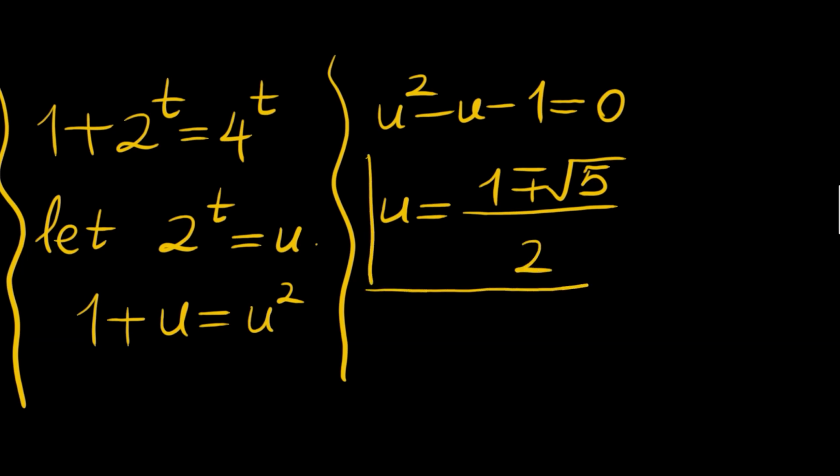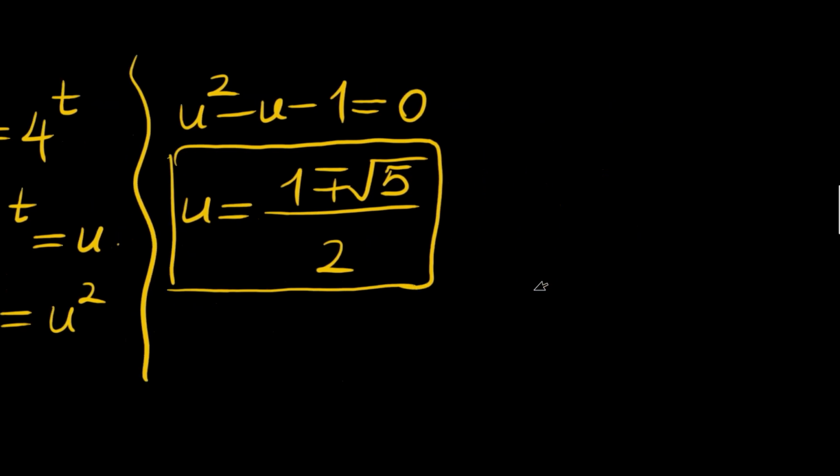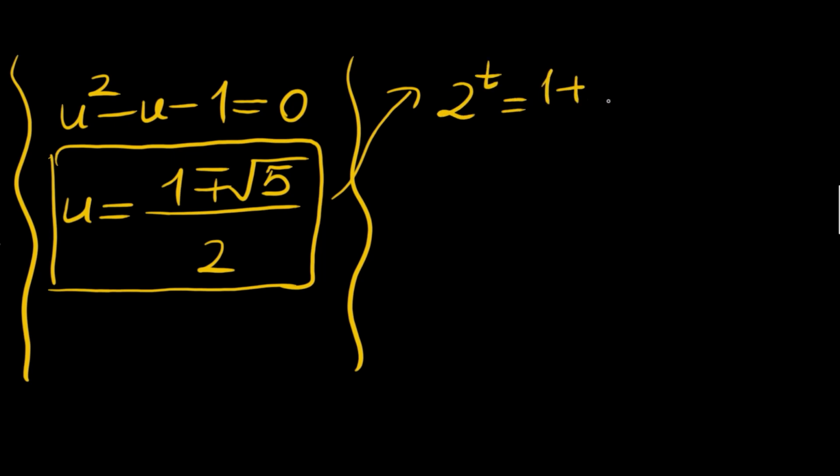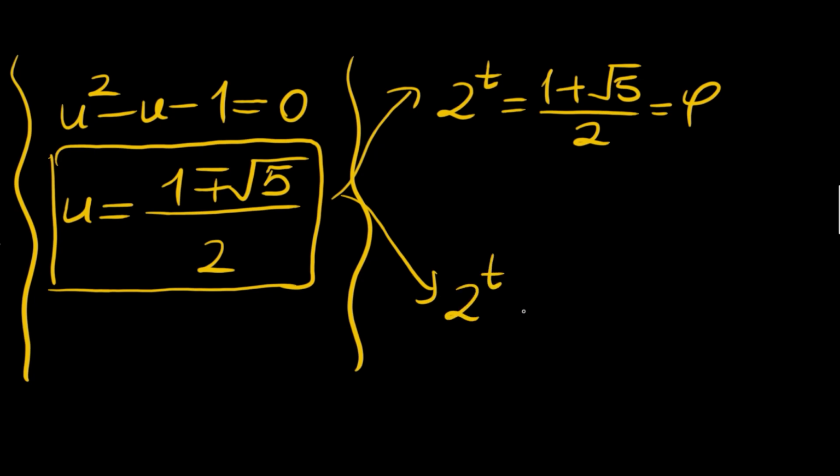These solutions are found for u, but remember u is 2 to the power of t, so we have 2 to the power of t is equal to 1 plus root 5 divided by 2, which is also the golden ratio phi, or 2 to the power of t is equal to 1 minus root 5 divided by 2.